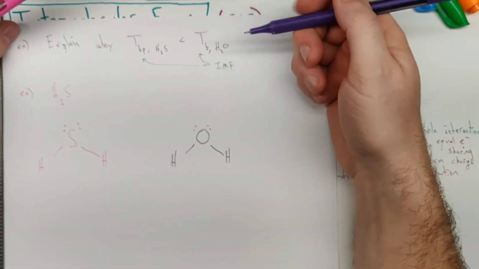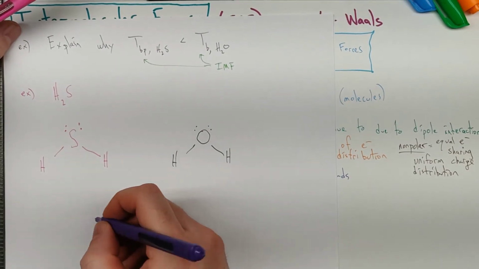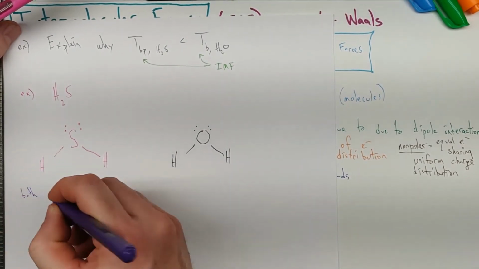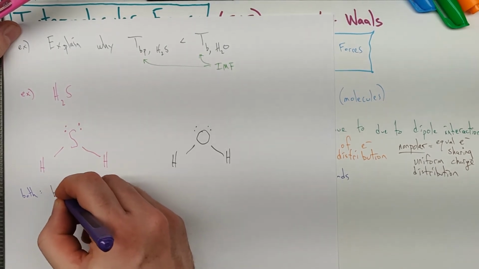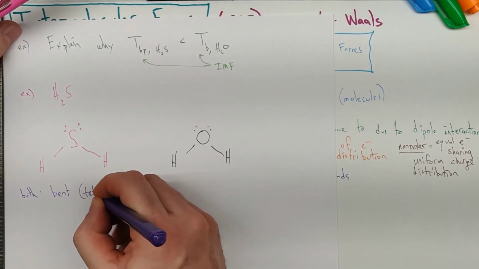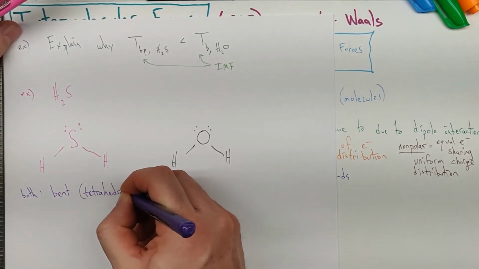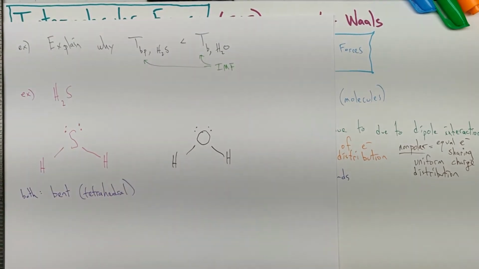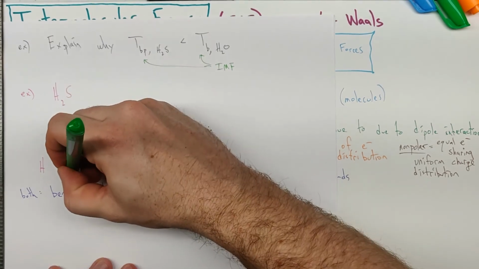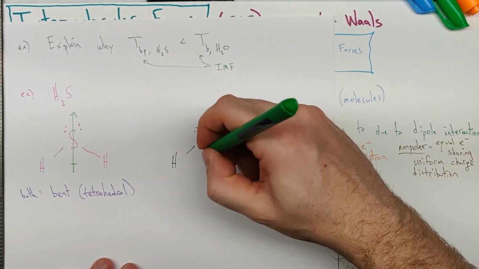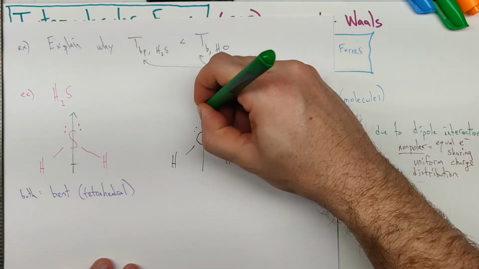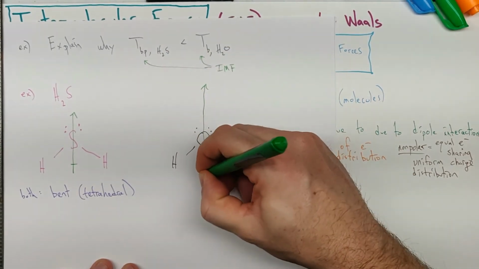But if we're just talking about molecular geometry, both of these things are tetrahedral-based bent. And they both have net dipole towards the higher electronegativity atom. In this case, the H2S has a dipole towards that sulfur, and in this one, the H2O has a net dipole towards that oxygen.